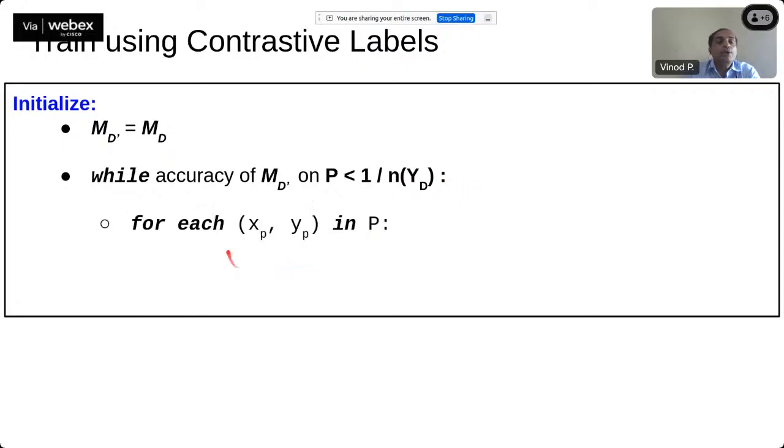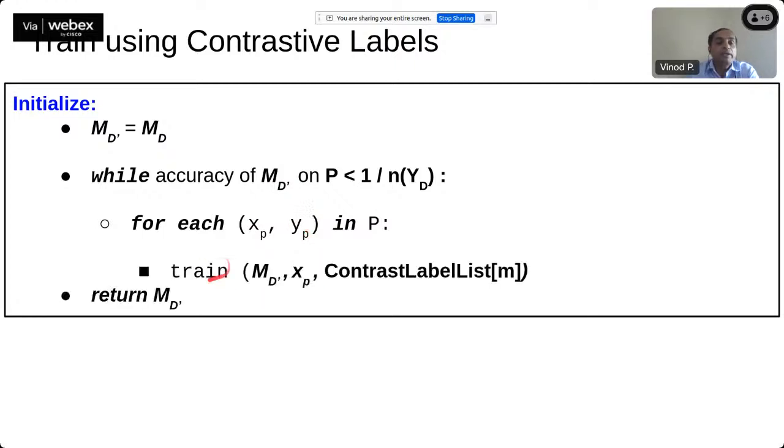So what you do, you take all samples in the preservation set or the sensitive set which had an original label as YP. We train the copy of the model with the contrastive label, which we have created previously through our approach, like for 1 it is 4 and for 2 it is 5.